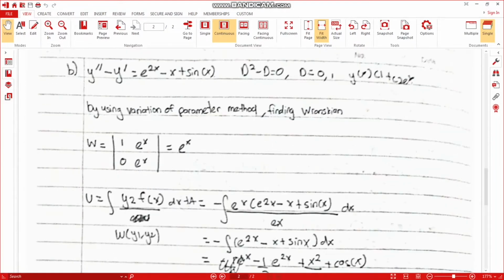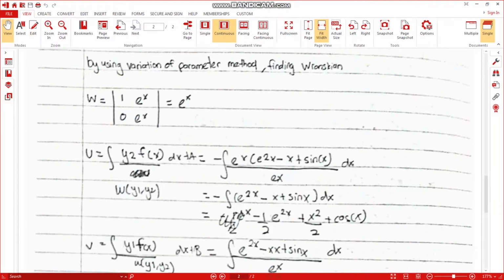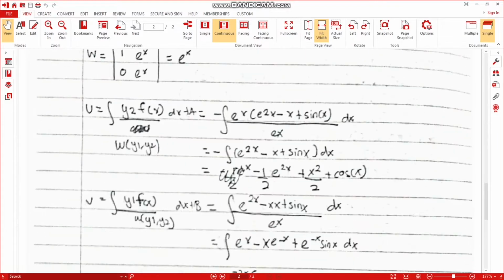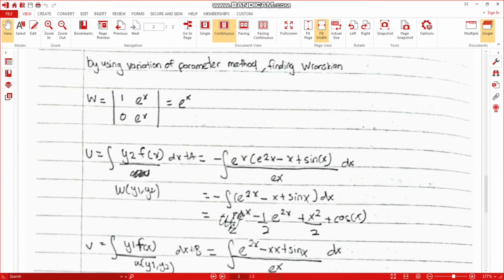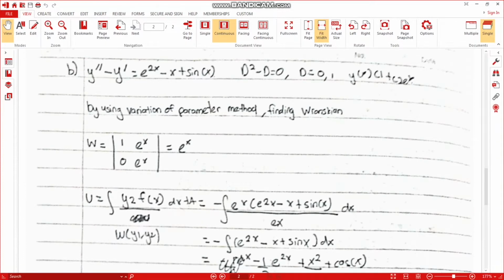So by using the variation of parameter, first we need to determine our W by e^x. After we do the parameter, then we need to integrate using this formula. So I integrate the e^x this side of the equation.